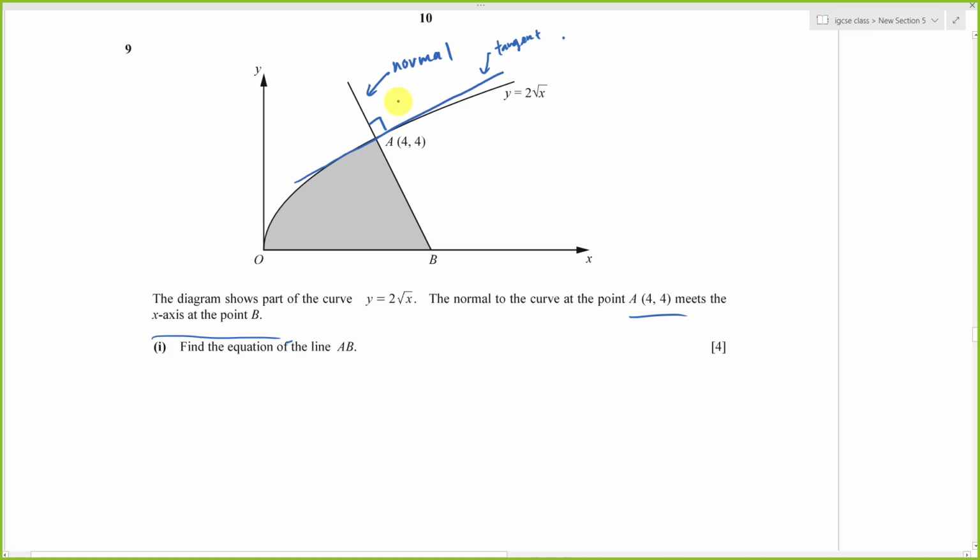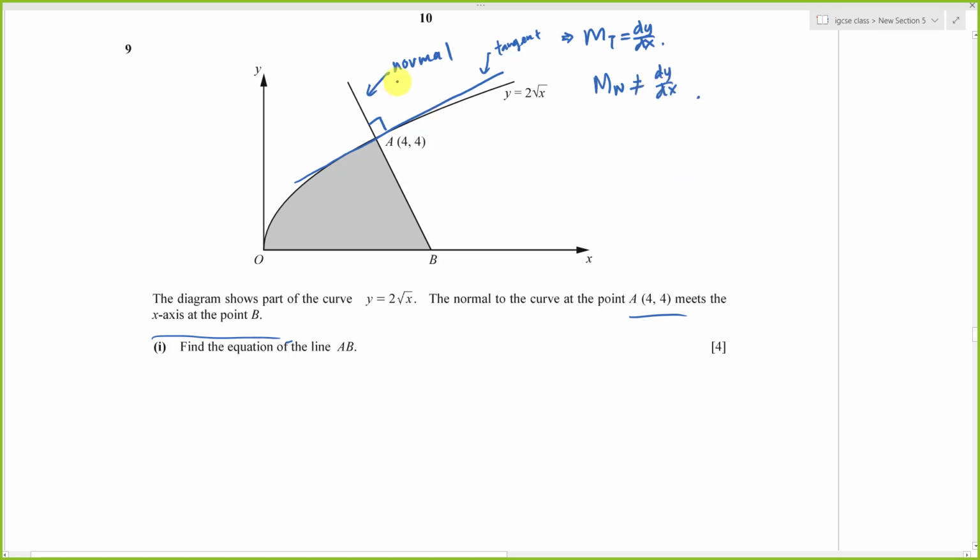Then what's the purpose of giving you the normal? Because for the tangent, the gradient of tangent equals dy/dx after you substitute the x value into dy/dx. But the gradient of normal is nothing to do with dy/dx directly.